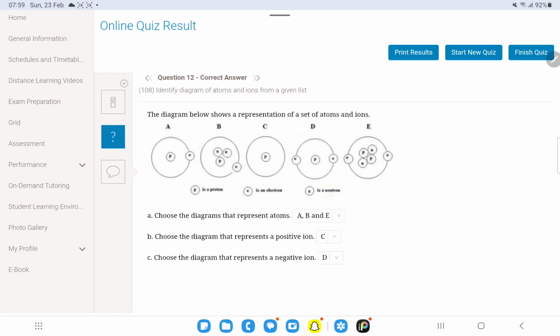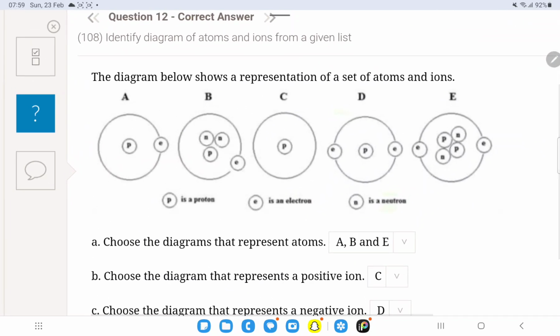For the first one, they're asking for the diagram that represents atoms, not ions, not isotopes, atoms. So same number of protons and same number of electrons. Here in figure A, we have one proton, one electron, so it's an atom. B, two neutrons. Sorry, isotopes, I forgot.